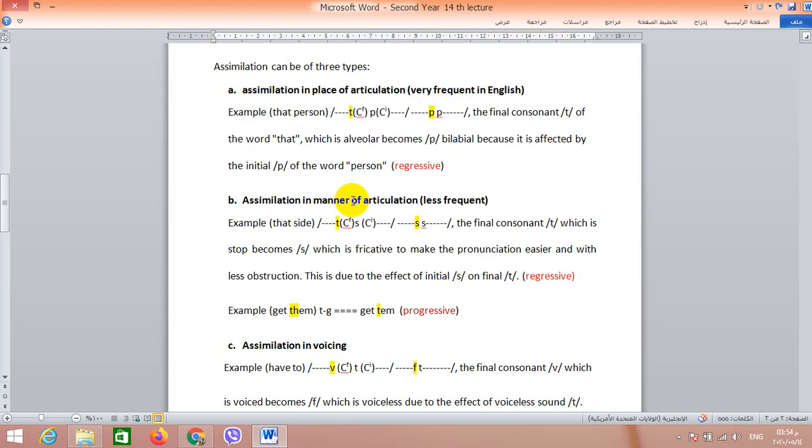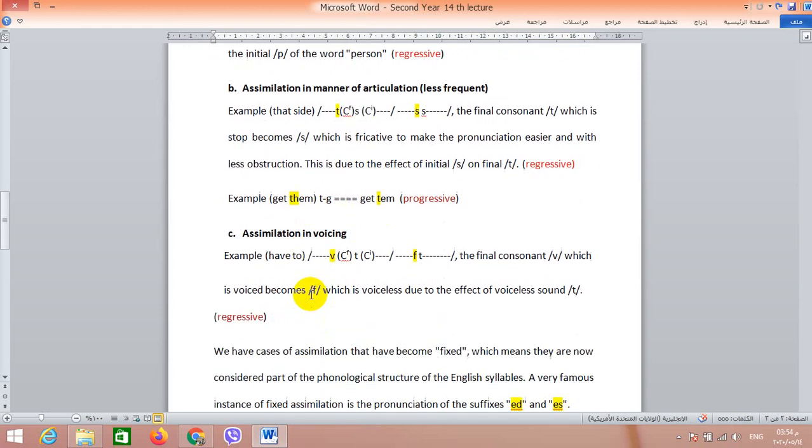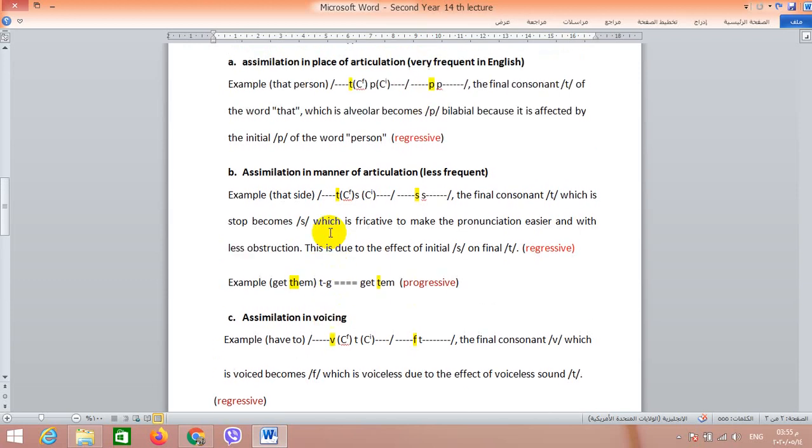And sometimes the difference is in voicing. So we have a voiced consonant and a voiceless consonant. When we have assimilation, both of them will be voiced or both of them will be voiceless. They become similar. Now let's go back and give examples.